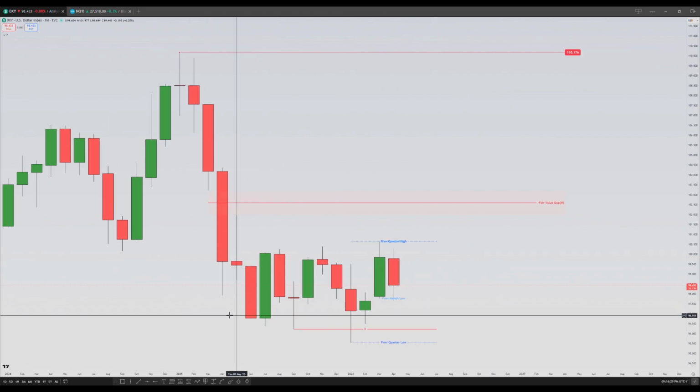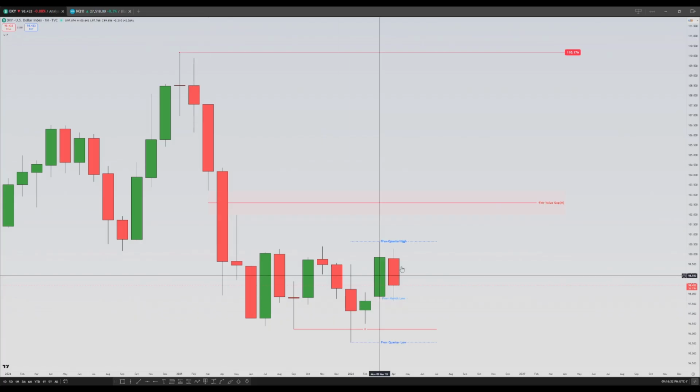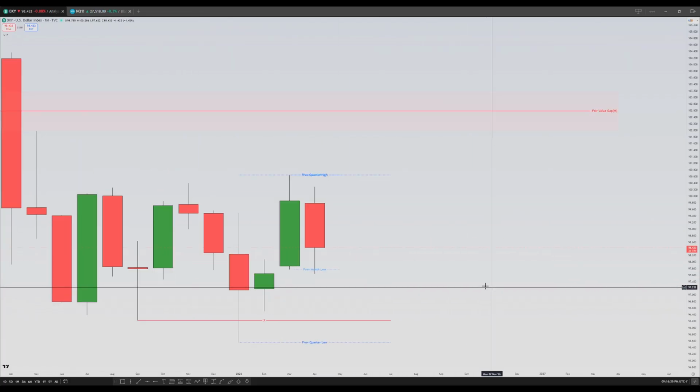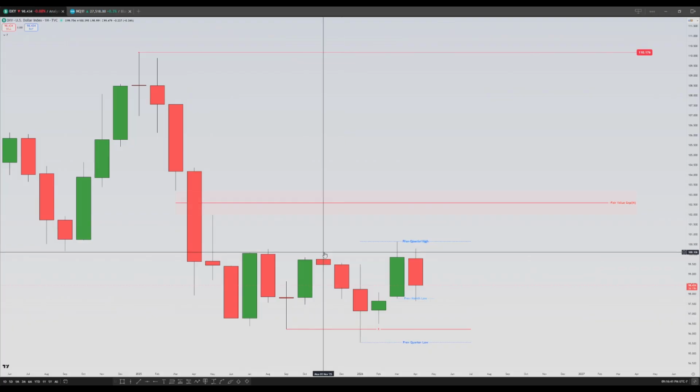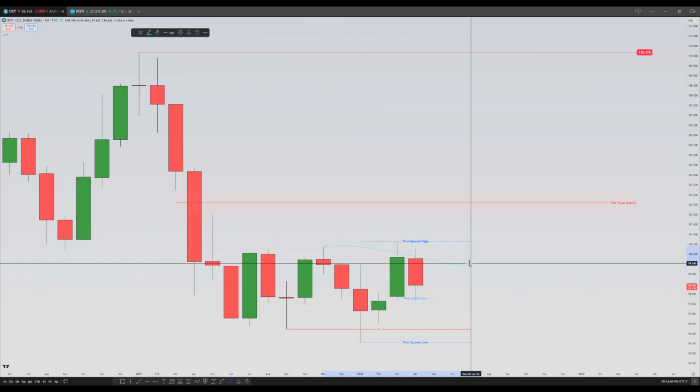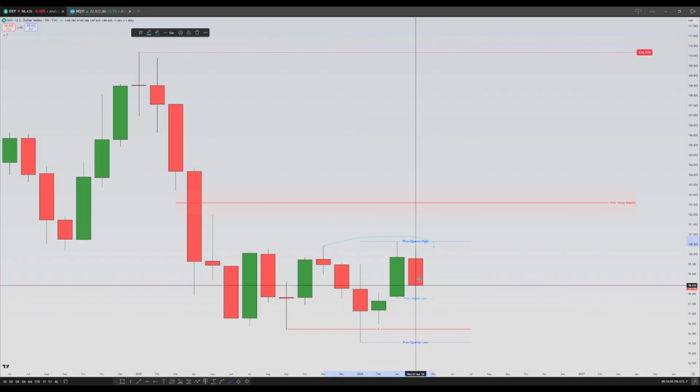So we got the dollar. You can see after trading up above this short-term high here, we now have price trade above here. It doesn't look good.